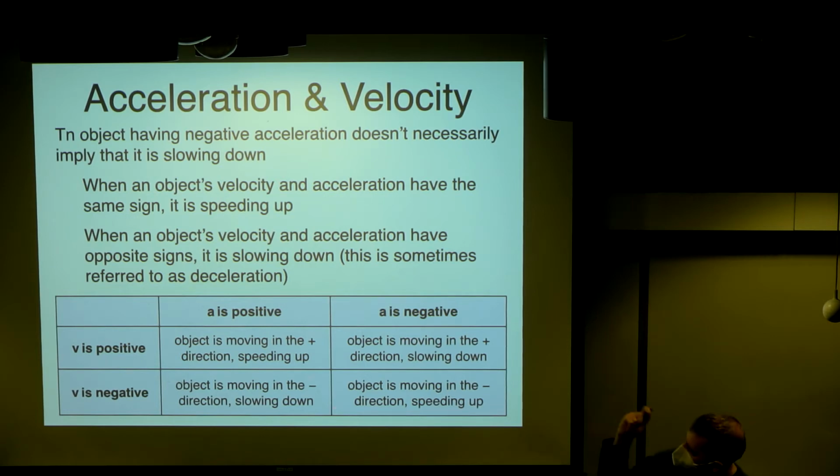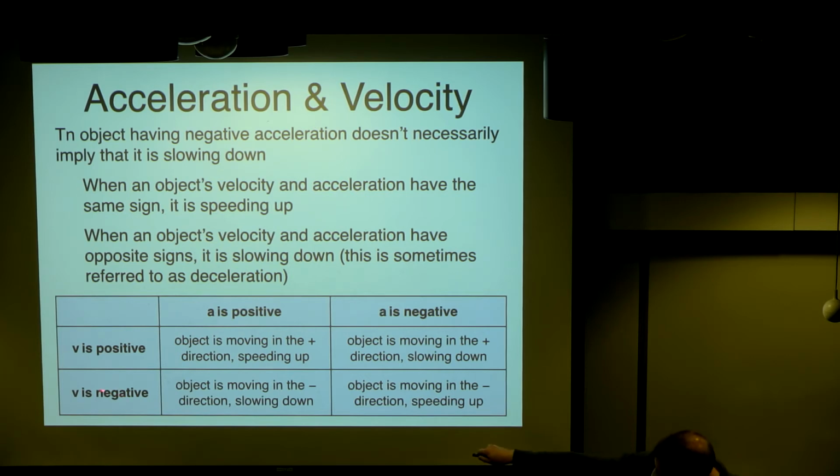So here's a table that explains all the different cases, okay? Here we have A is positive, V is positive. What's going on in that case? V is positive means we're moving in the positive direction, and because the signs are the same, we're speeding up. What if acceleration is positive and velocity is negative?